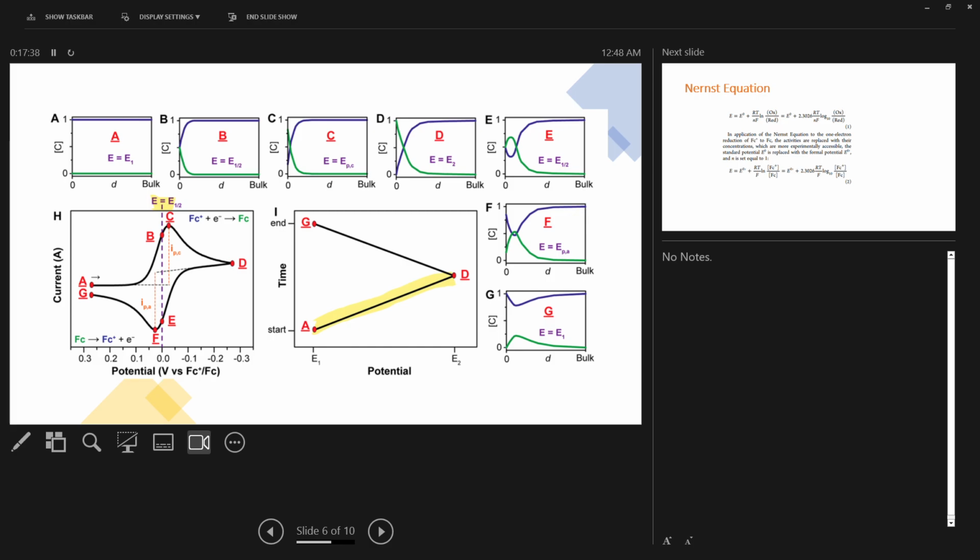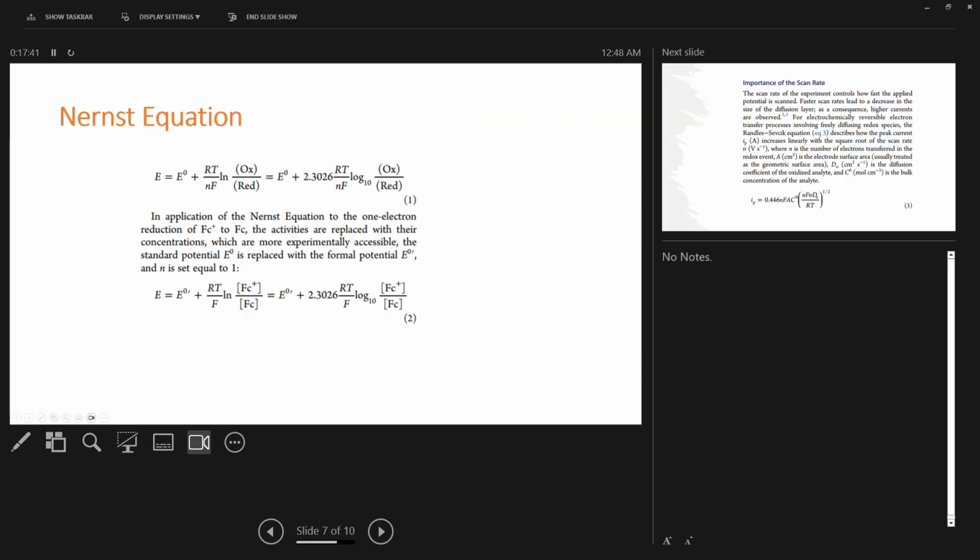The Nernst equation is a very basic equation, which is shown here. The Nernst equation relates the cell potential E to the standard potential E0 of the species. R is the universal gas constant, T is the applied temperature, n is the number of electrons transferred to the species in an electrochemical cell, and F is the Faraday constant, which has a value of 96485 coulombs per mole, and the log of activities means oxidation divided by reduction.